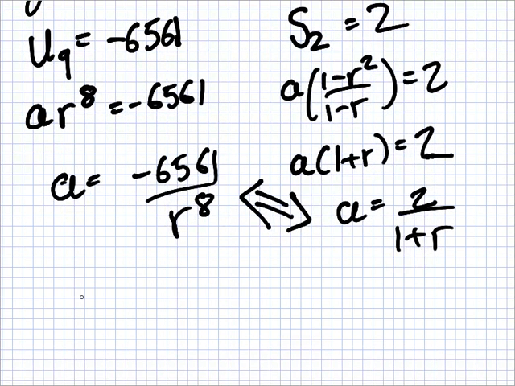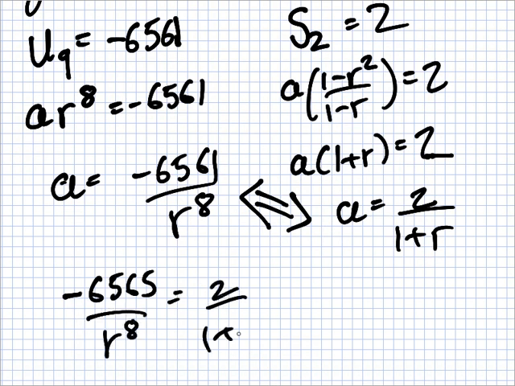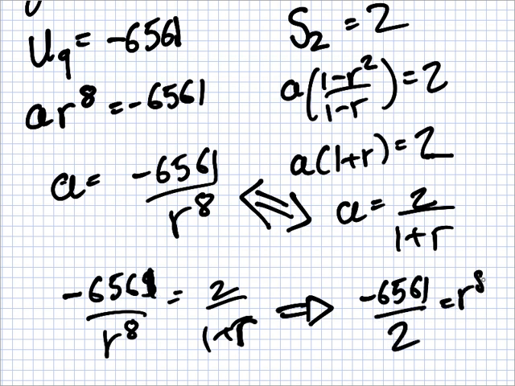So I get minus 6561 over R^8 equals 2 over 1 plus R, which I can change into minus 6561 over 2 equals R^8 over 1 plus R.